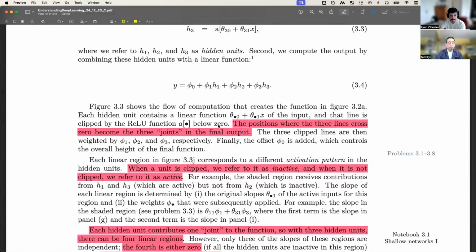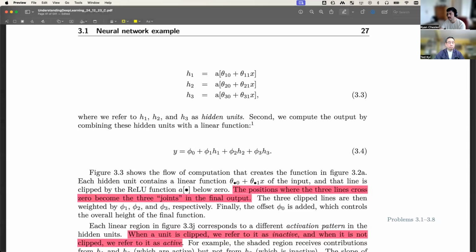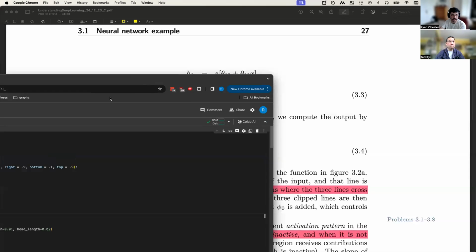I think this is interesting, but it's actually more fun to just play with the numbers. So I set up this notebook that I will share. It's on Colab, so everyone should be able to just open it up and run it, and I will drag it over there as well.